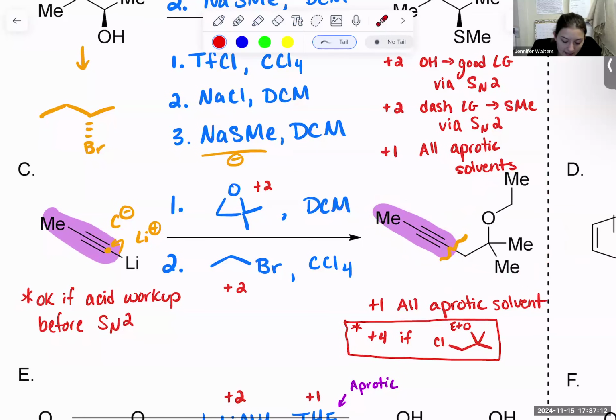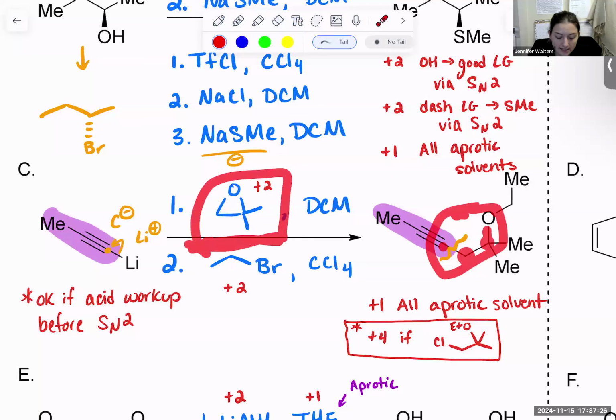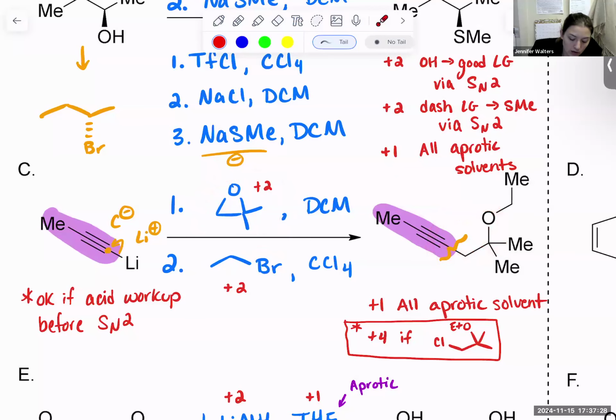So if I recognize that I see this carbon-carbon bond being formed on one side, on the less substituted side, and I have oxygen on the other side, then I was hoping that you would see that this would be made from that epoxide via an SN2 reaction. So that was the nucleophile on one side, oxygen on the other, what I was hoping you were identifying.